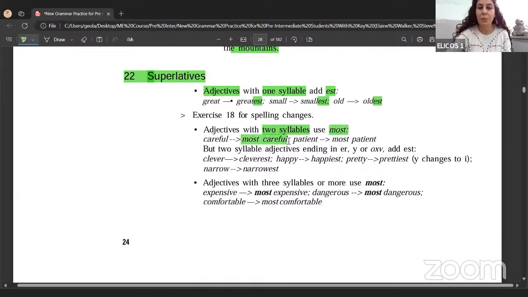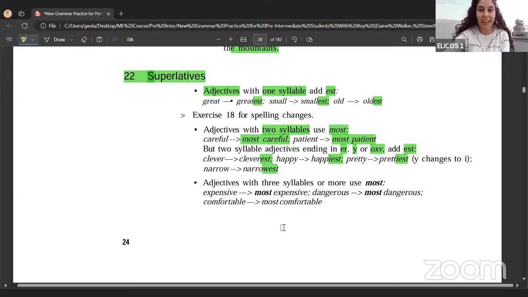So for example, most careful, most patient. But if it's two syllables and they end in an ER, Y, or OW, then you add the EST. So cleverest, that means like the smartest, happiest, the prettiest, and the narrowest.